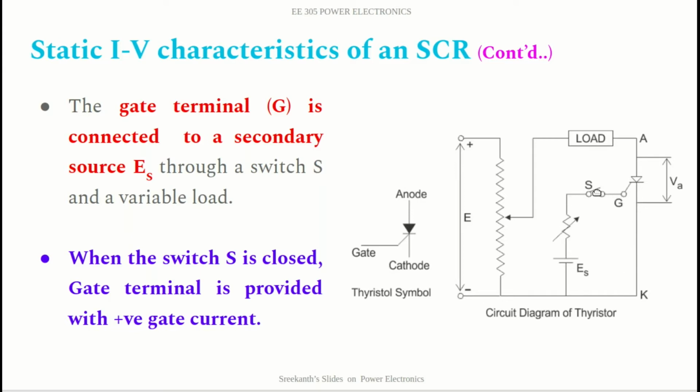As long as the switch is not closed, there is no supply to the gate and only a supply exists between anode and cathode. But the moment you close the switch, this circuit gets completed and a gate current flows through the SCR.